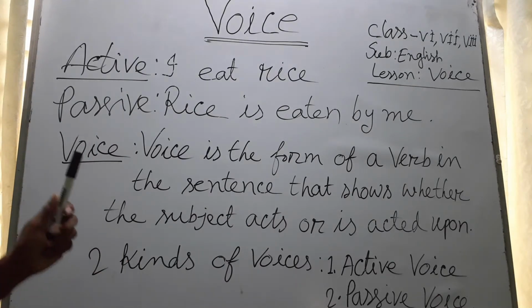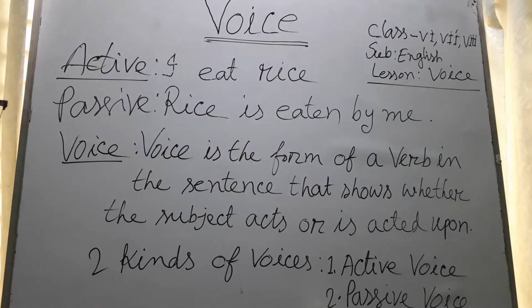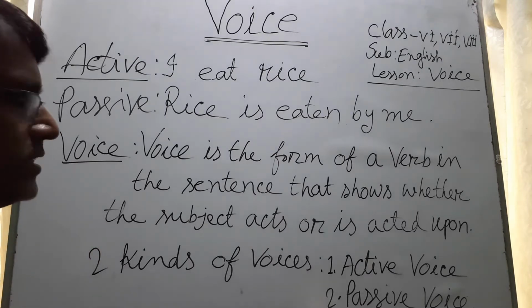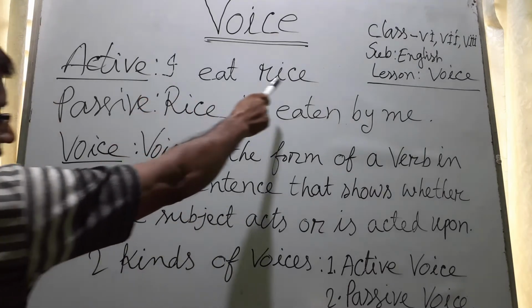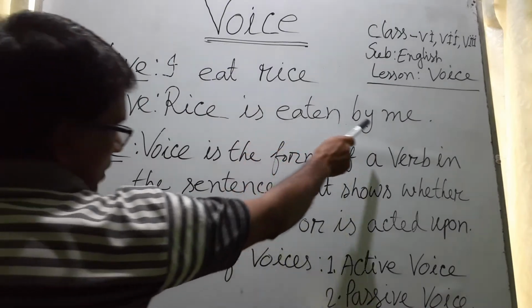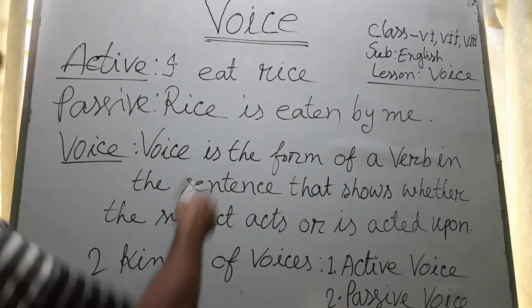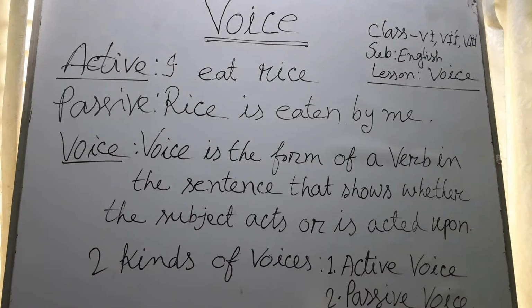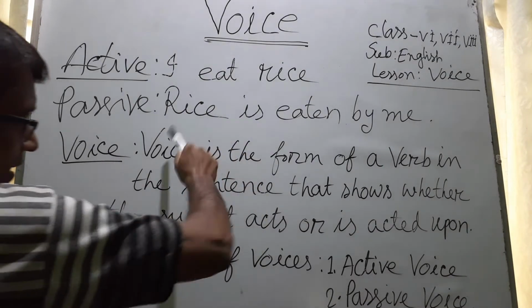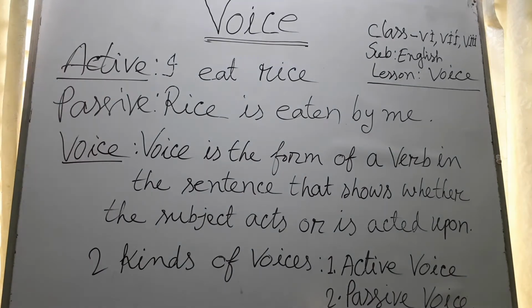And when the action of a verb in the sentence is done upon the subject, it is called passive voice. Like, I eat rice and rice is eaten by me. Here the form of eat is changed to eaten in the passive voice.